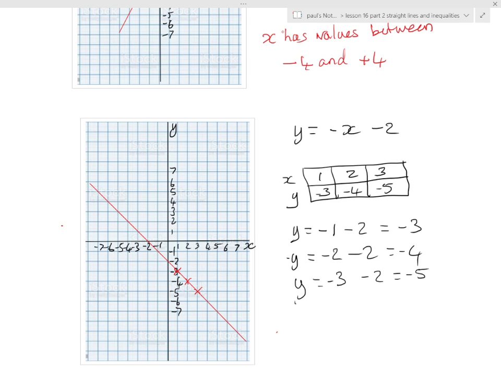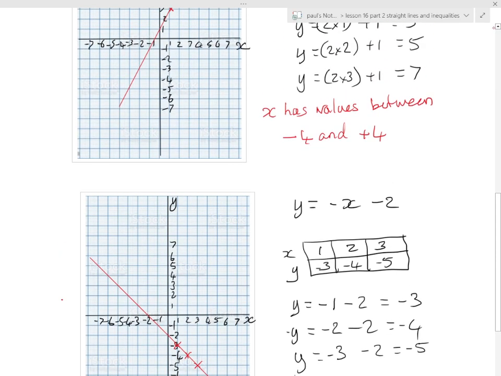Now there's a difference, isn't there, between the line up here and the line down here. All graphs go from left to right. So this top one could be said to be going uphill.